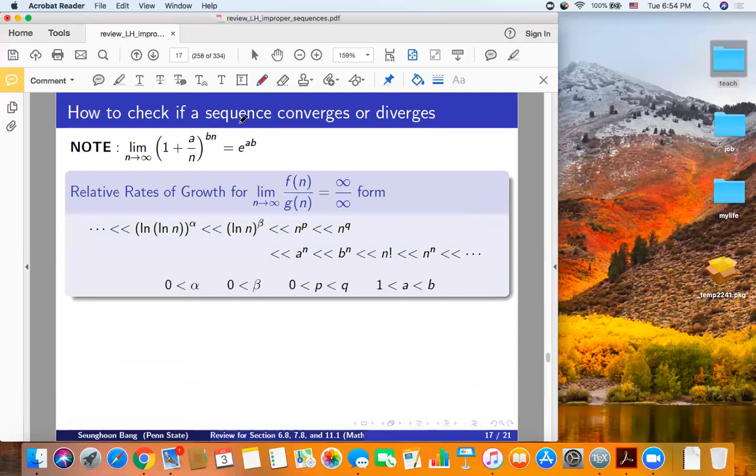The exponential function a^n grows faster than any algebraic function n^q. b^n grows faster than a^n.